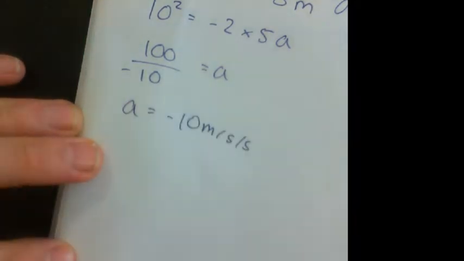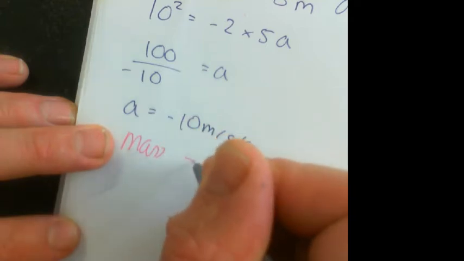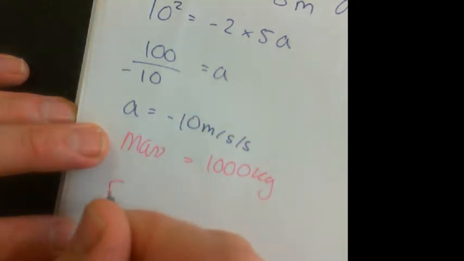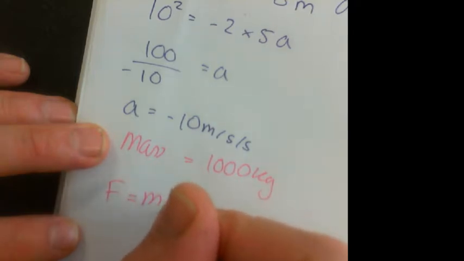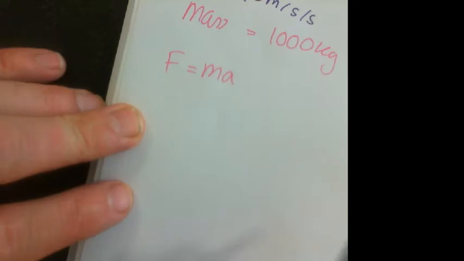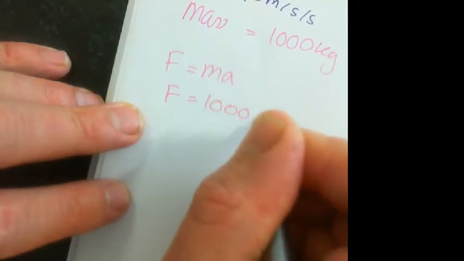And if you knew what your mass was, so if you said that your mass equals 1,000 kilograms, you could also then use F equals ma to work out how much force it took you to stop. So you then say that F equals 1,000 times minus 10.